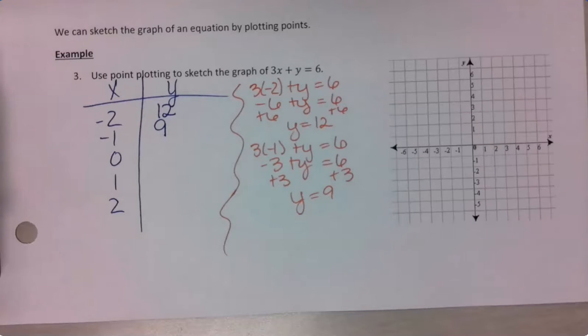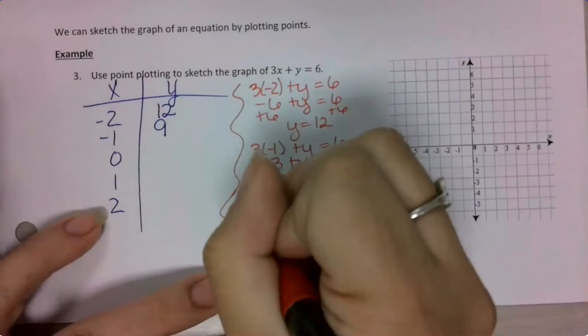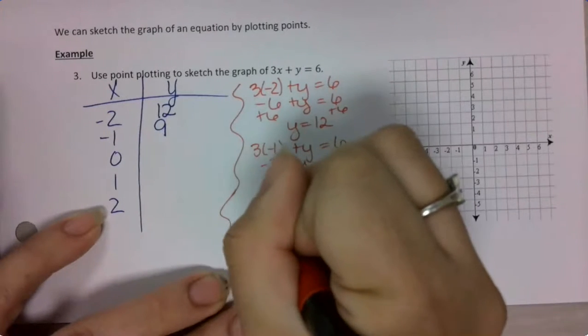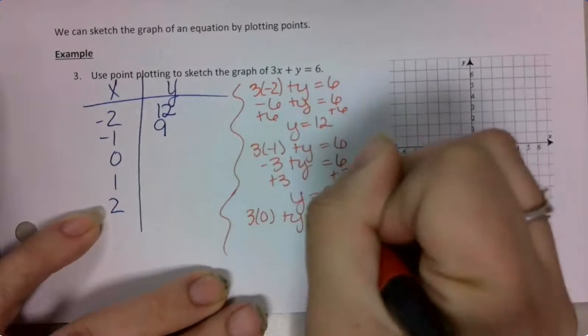Okay. So I'm going to plug in 0. I have 3 times 0 plus y equals 6.